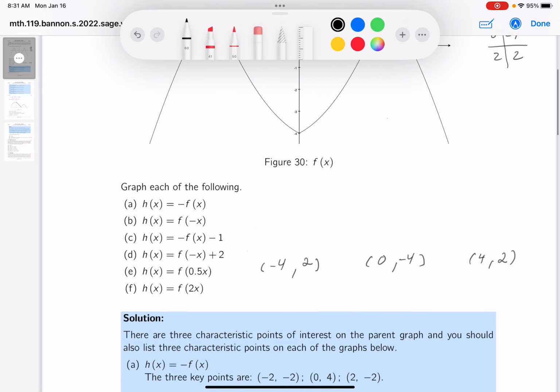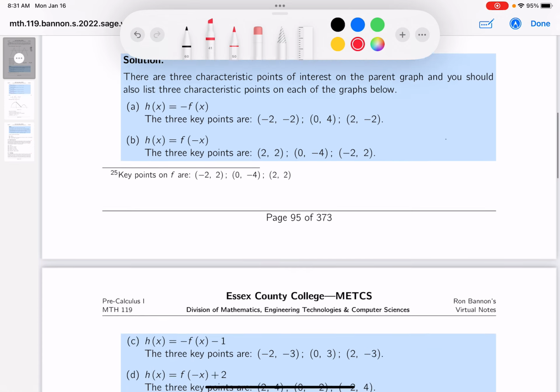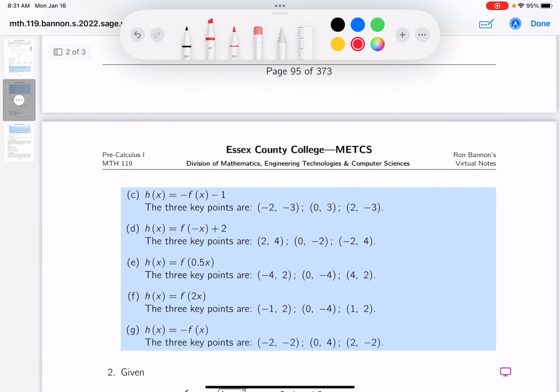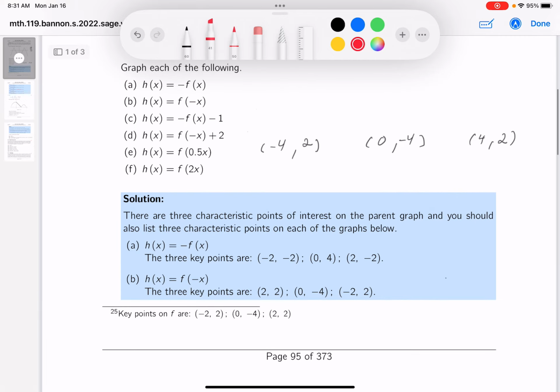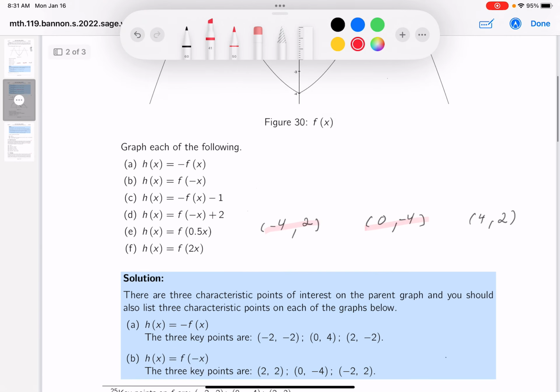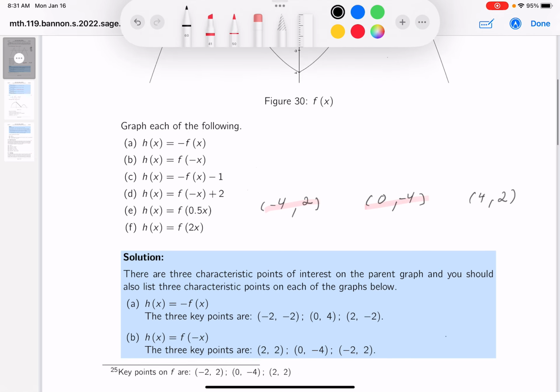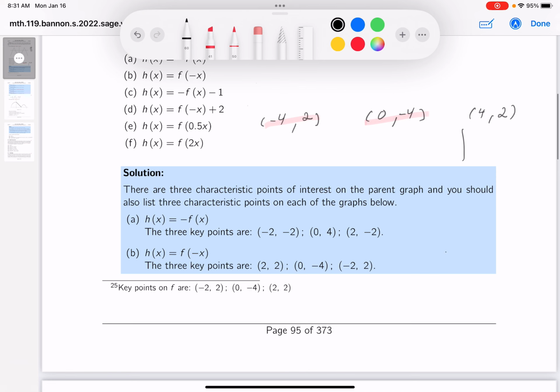All right. So let's take a look. And my goal here is to kind of look at it. And let's see, minus 4, 2. 0, minus 4. And 4, 2. All right, I'm going to do a kind of a lousy picture next to this one. And the reason for that is, I don't want to keep using the same thing over and over again. But let's put this down and, 0, minus 4.